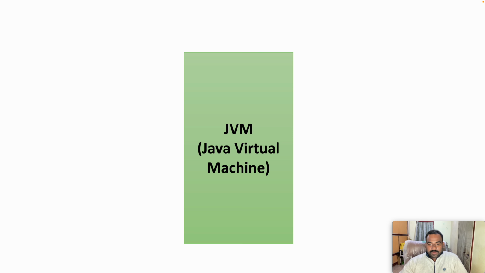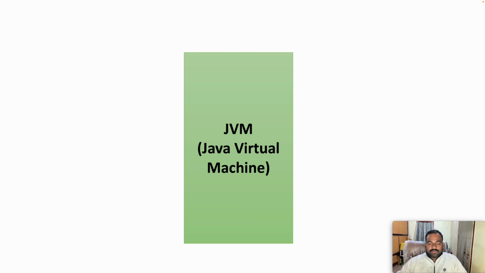We will write a program in a Java file, and that Java file will be converted into byte code and given to the JVM with the help of the JRE. The JVM will read that byte code line by line.